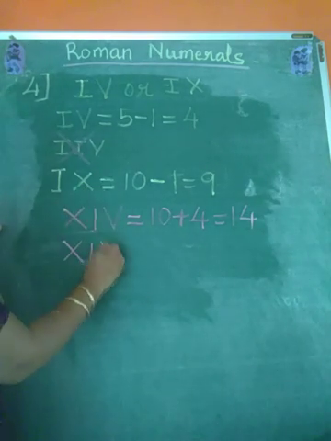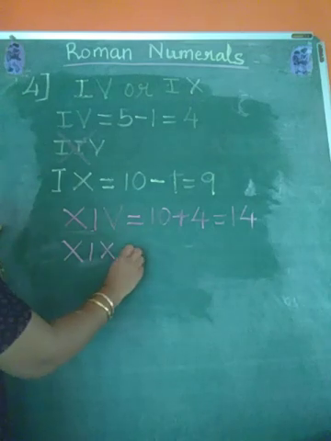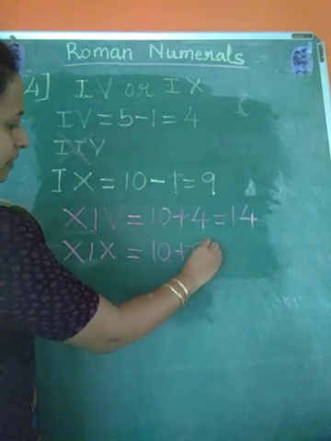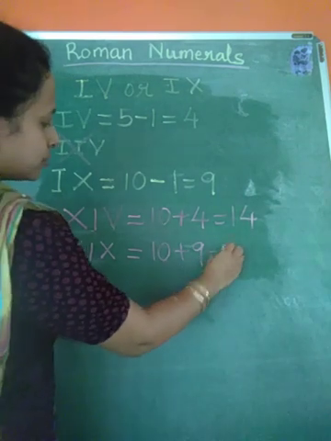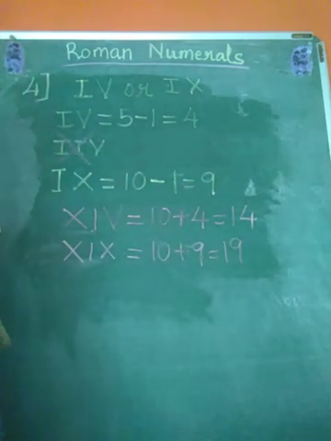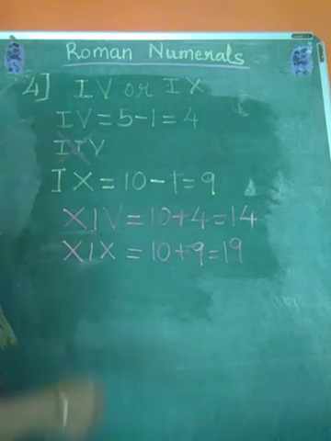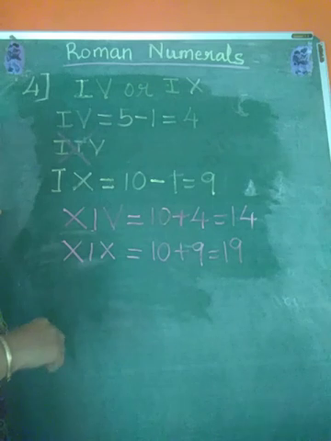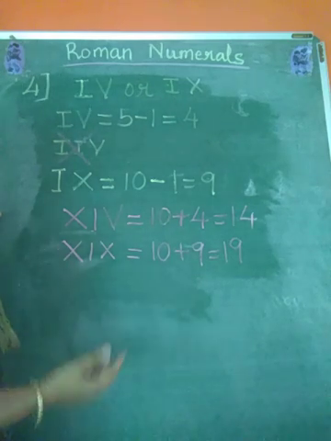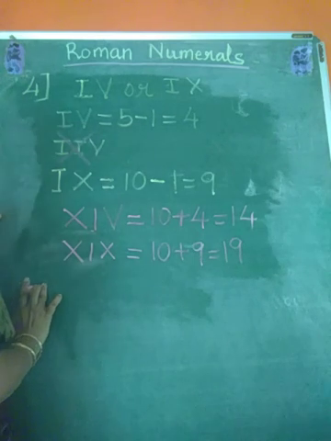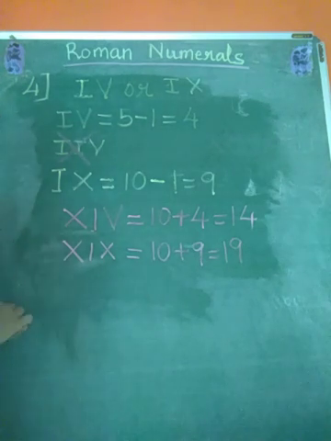So when you write XIX, the total will become 10 plus 9 is equal to 19. Now if you see, you have learnt so many numbers except 16, 17 and 18. Now let us try to write 16, 17 and 18.